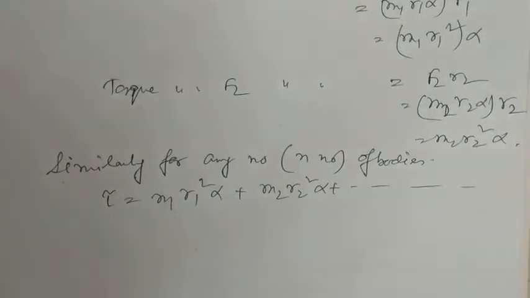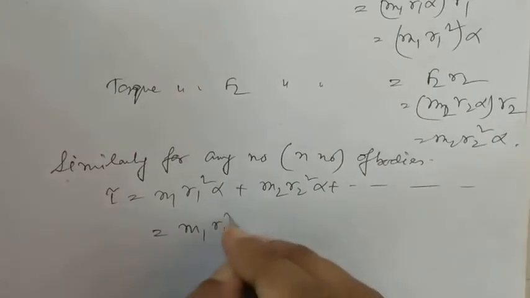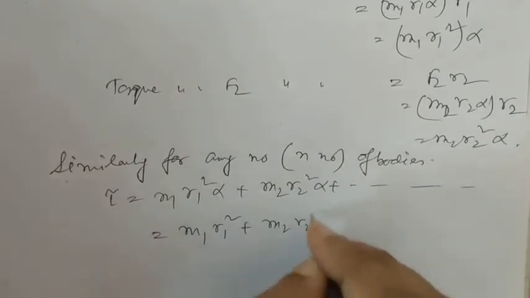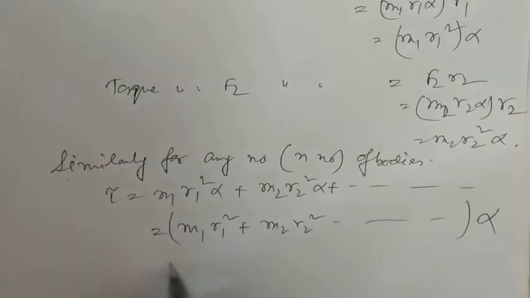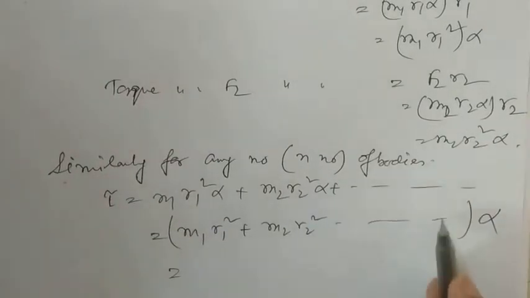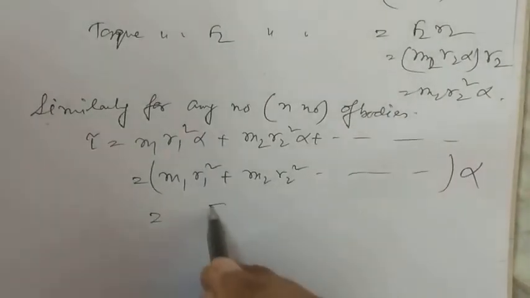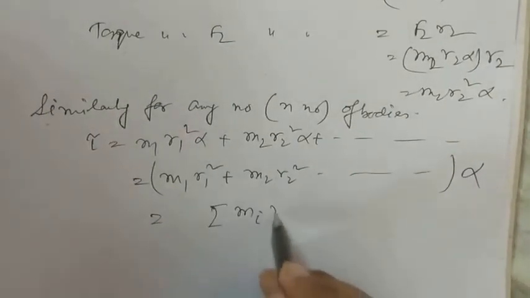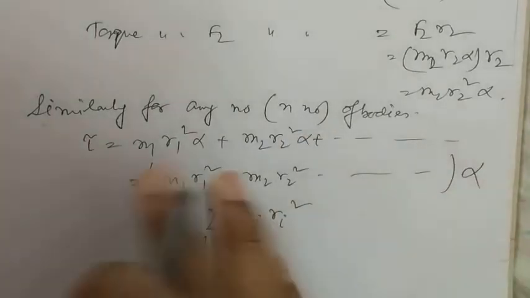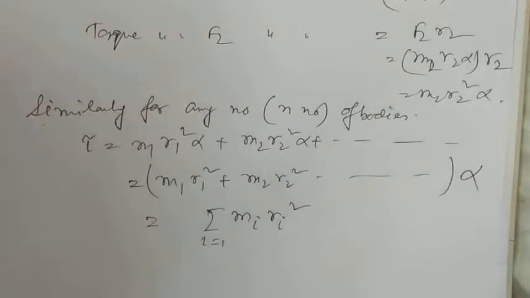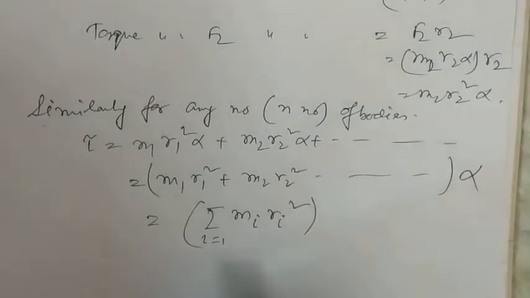That means we can take alpha common from this, and this summation expression can be replaced by a single expression: summation of mi ri square, i equal to 1 to n, the number of particles in the system, into alpha.